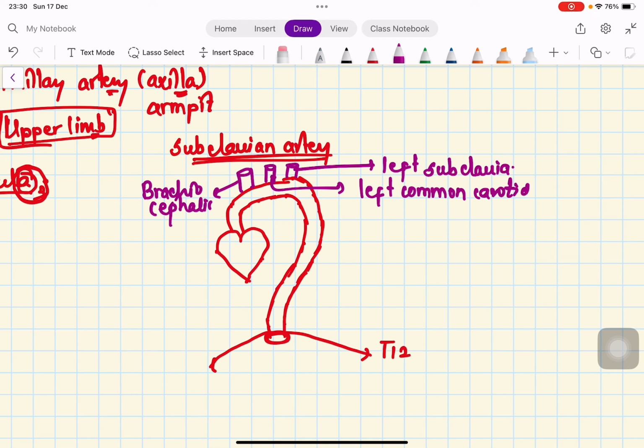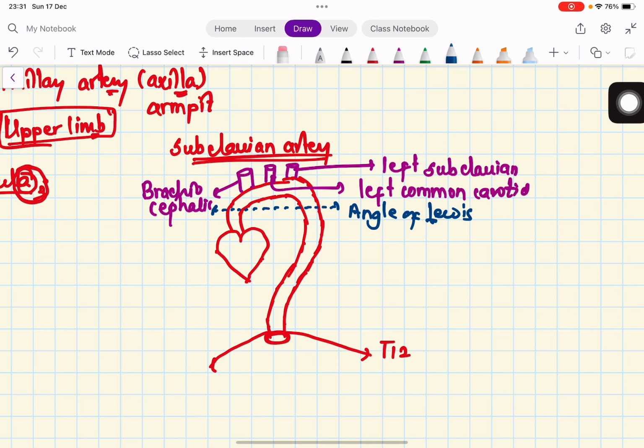Do you know one thing, the beginning and the ending of the arch of aorta occur at the angle of Louis. What is this angle of Louis? It is the junction between my manubrium and the body of the sternum, and this part is the angle of Louis.